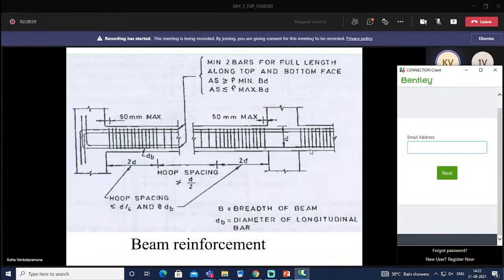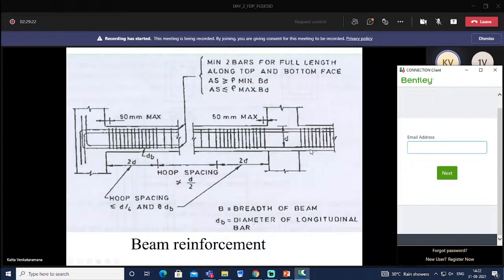And then this is beam reinforcement. We have these vertical ties or stirrups at close intervals, closer to the joints. This is for a length of 2 times the effective depth, the effective depth of the beam.